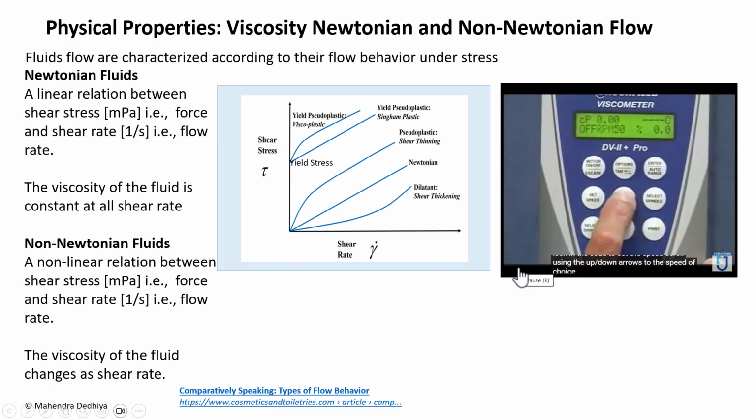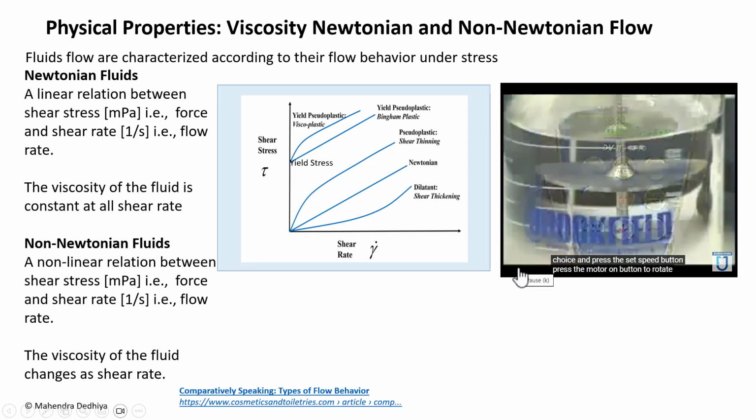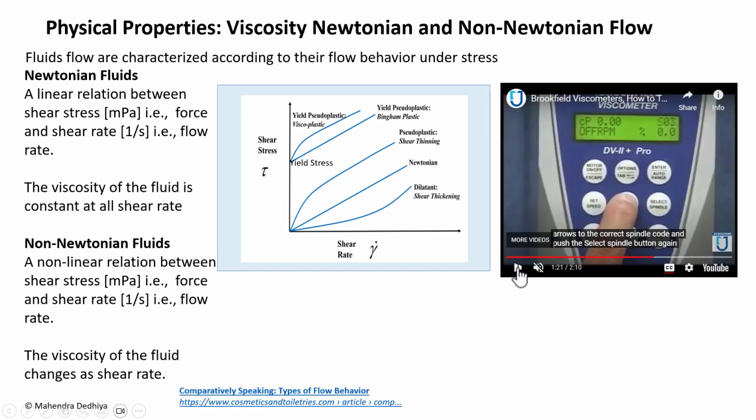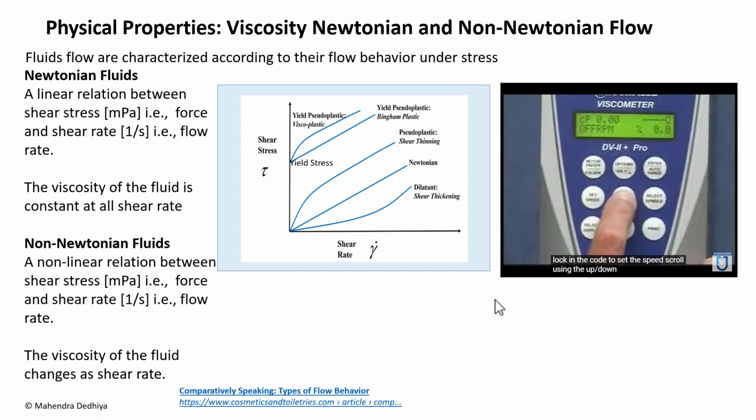Appropriate reading needs to be taken of the spindle, and you can increase the speed up and down. Correct spindle code is entered, and speed can be adjusted up or down.